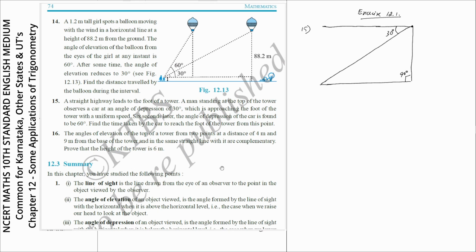Now I'll draw a perpendicular from this point like this, and let these two lines meet here, making an angle of 90 degrees here.